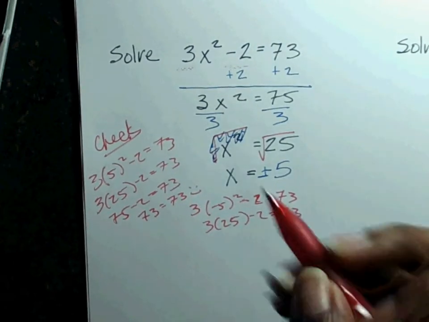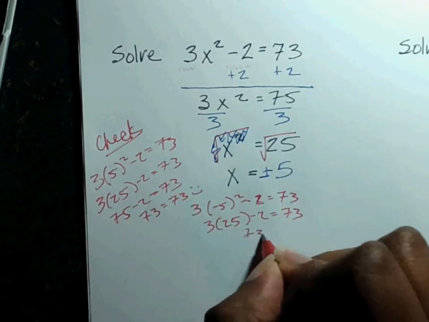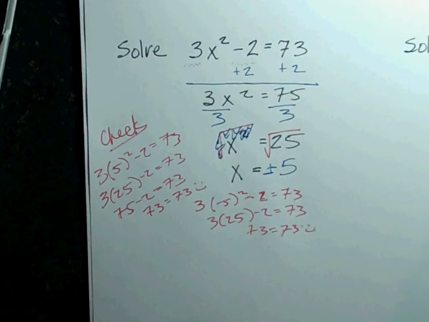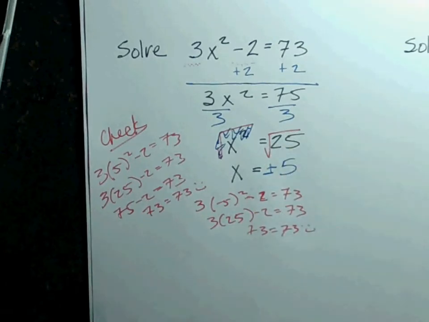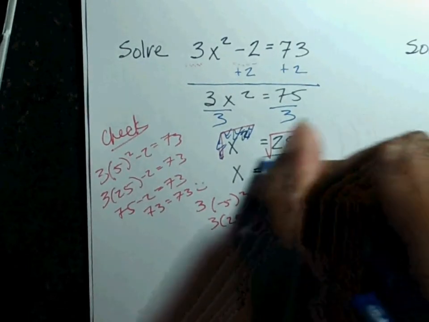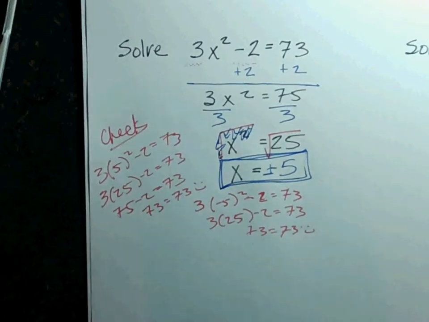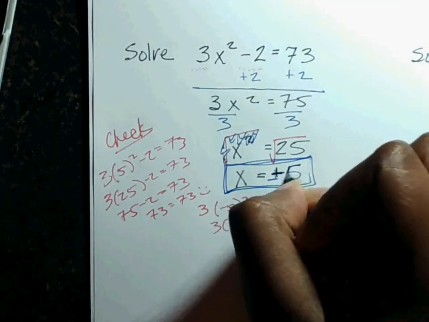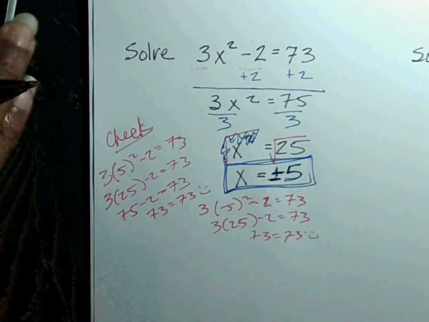I'm going to stop there because this line is the exact same as this line, so I know it's going to work out. So these are my answers. I can now circle my answers since I checked myself. X equals positive and negative 5. On to the next one.